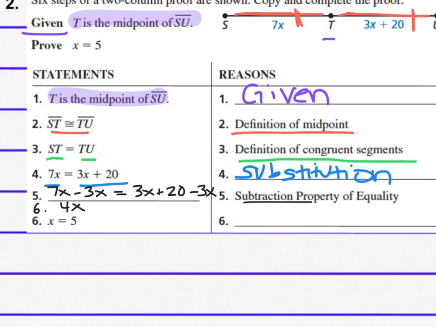I get 4x equals 20, right? If I subtract 7x minus 3x on this side, that gives me 4x. On the other side, the 3x and negative 3x become a 0, so I get a 20. Then what are they doing to go from 4x equals 20 to x equals 5? They're dividing by 4, so that is your division property of equality.